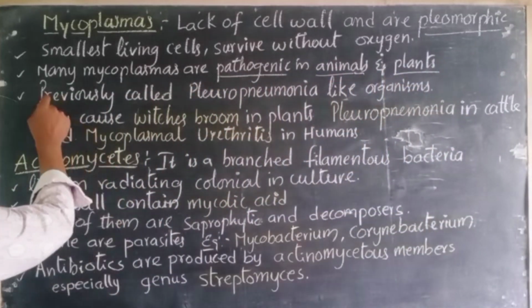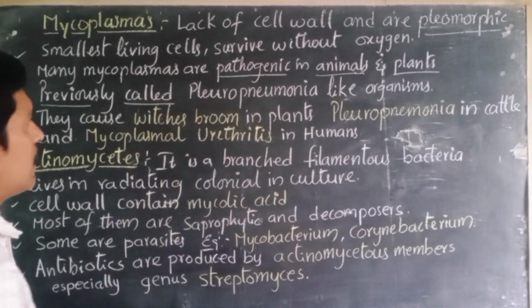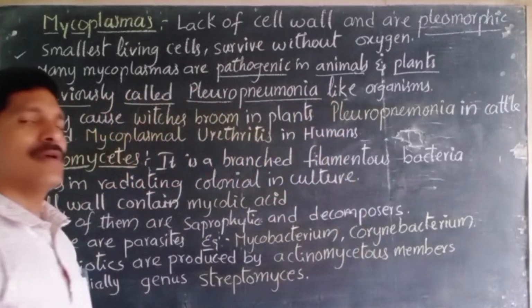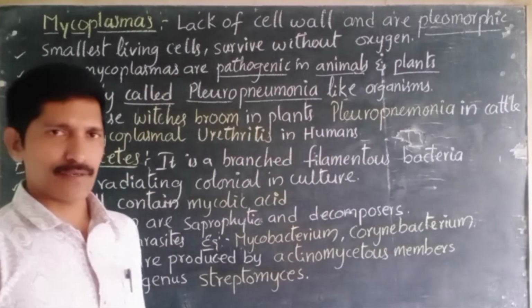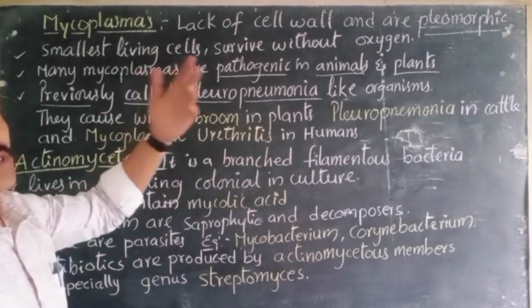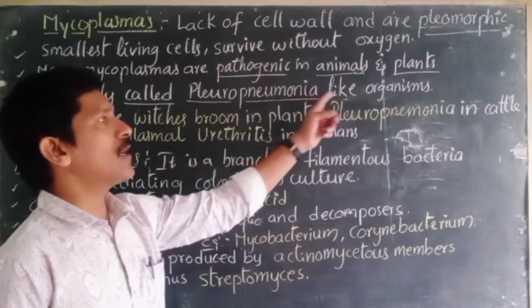Later, mycoplasmas are called pleuropneumonia-like organisms. Later they were called mycoplasmas. In other words, mycoplasmas are also called pleuropneumonia-like organisms.